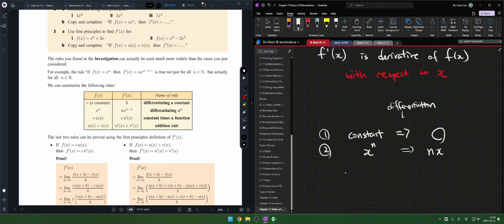Then we deduct the exponent by 1. So we do minus 1, becomes n minus 1, the power. So once again, x to the power of n, differentiate it, it becomes n times x to the power of n minus 1.